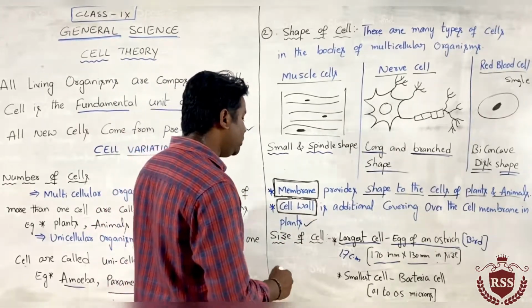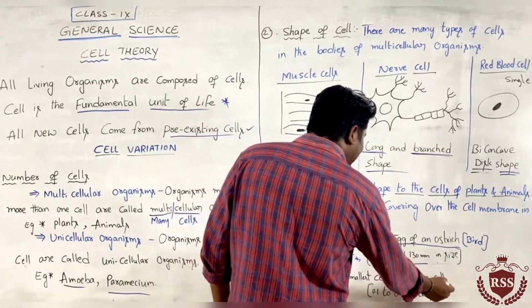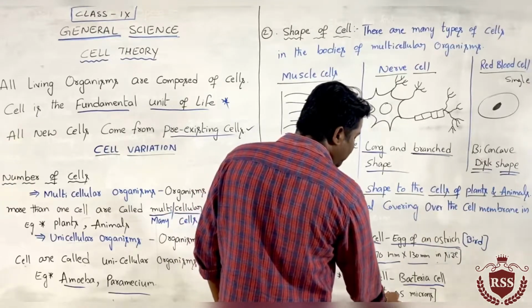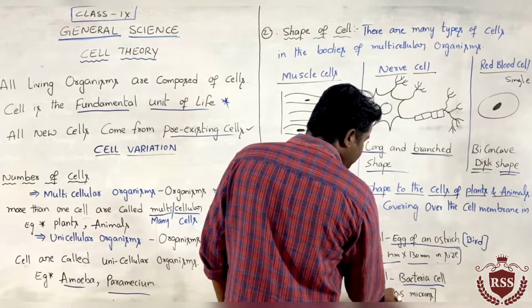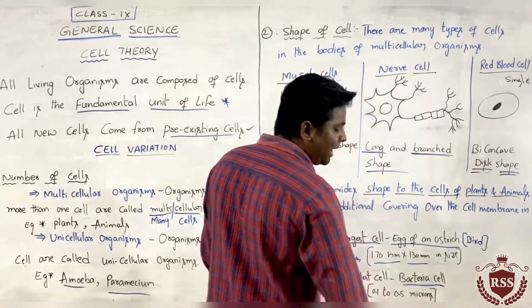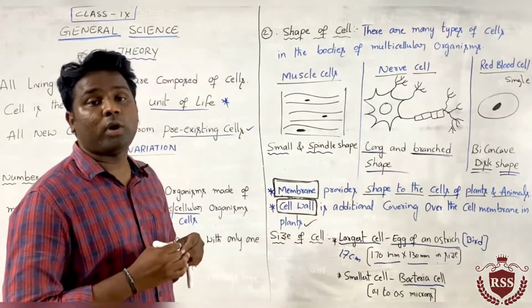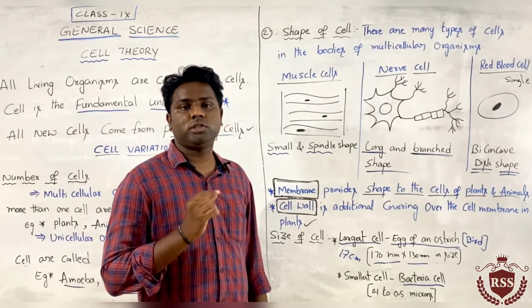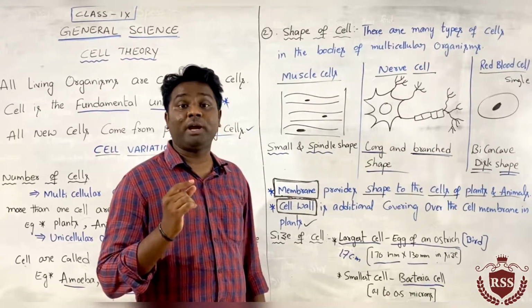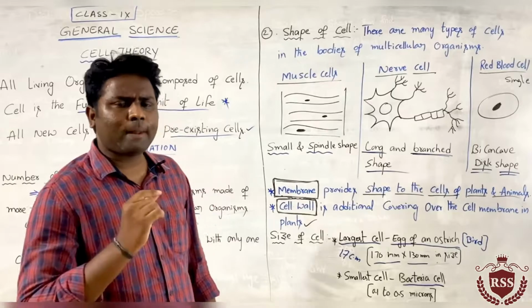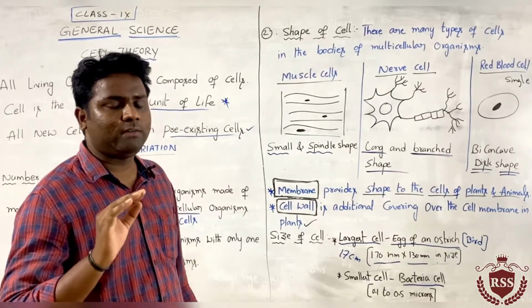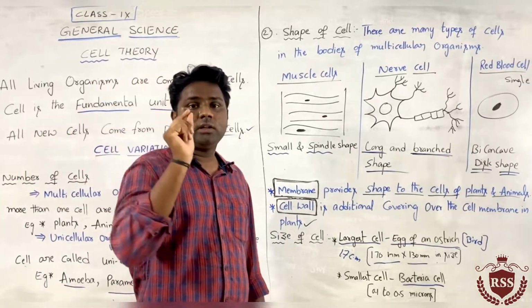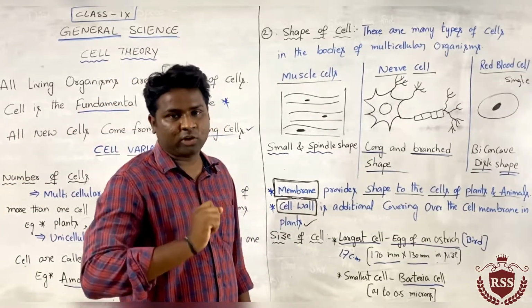Clear? Then the smallest cell is the bacteria cell, between 0.1 to 0.5 microns. For comparison, the width of our hair is 10 microns.